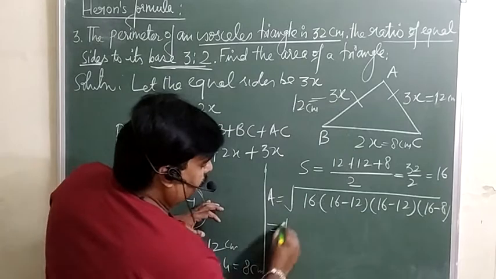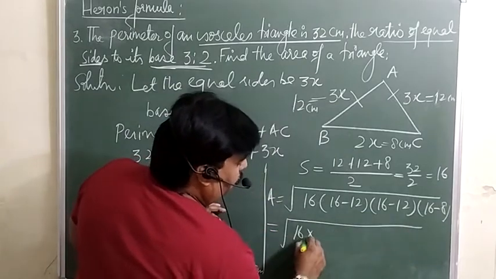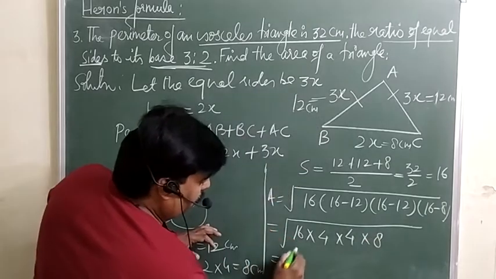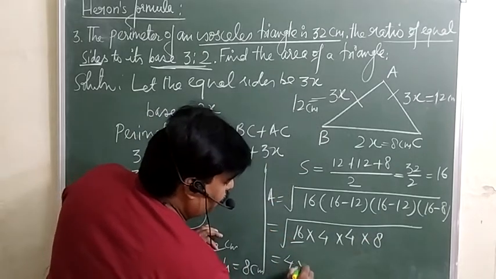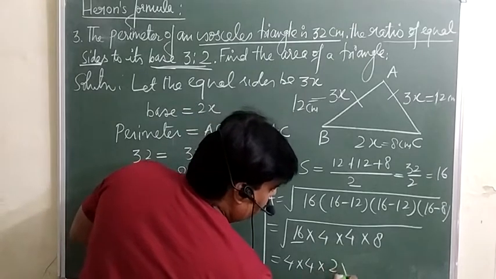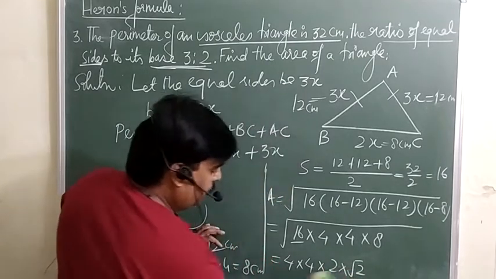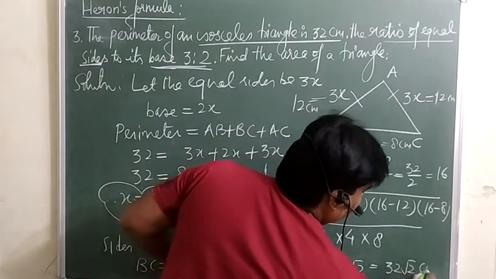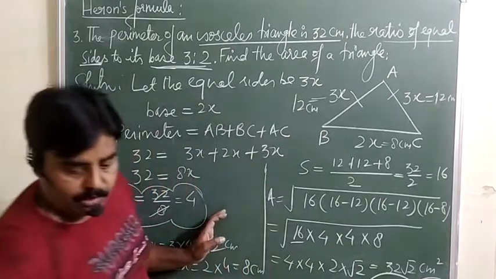So here this is 16 into 4 into 4 into 8. You can take out common 4 and 4, and inside the radical sign 2 remains. So this is 32 root 2 centimeter square.